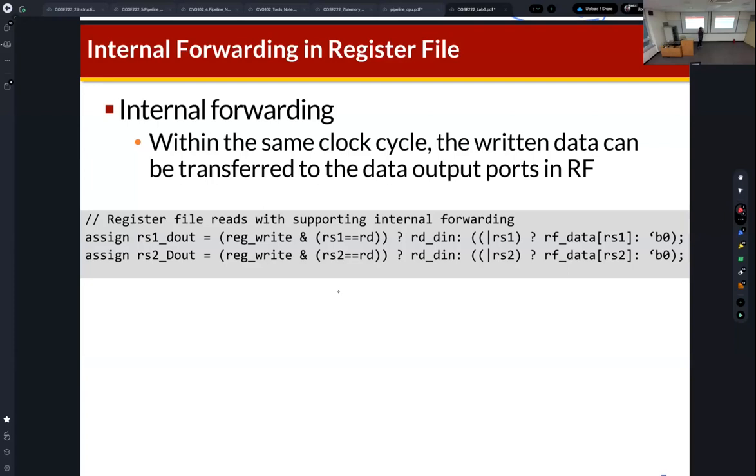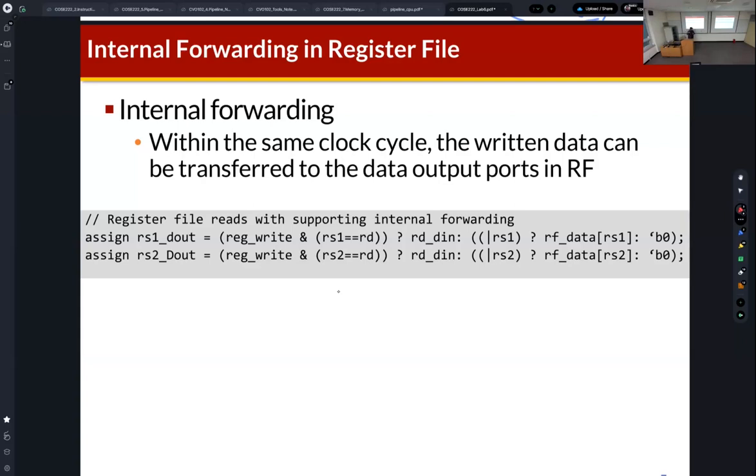But only the register file is changing. Okay, but don't worry about that. I already completed the register file module. Okay, but I want you to understand some internal coding of the register file. So what is the internal coding?